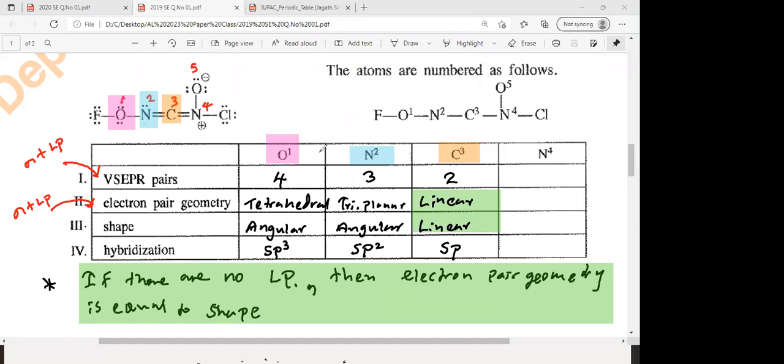That is N4, no? Okay, linear, sp, linear sp is right. All of you are correct. Next one. Number 4. Okay, all of you are correct.